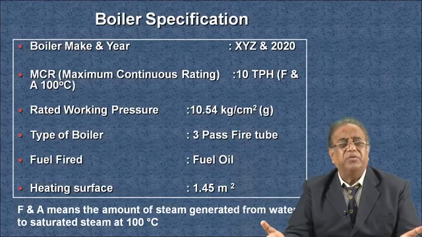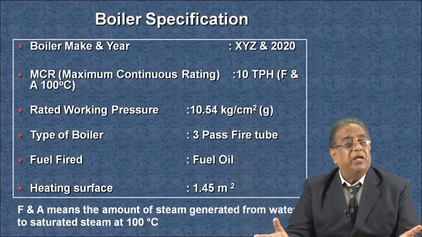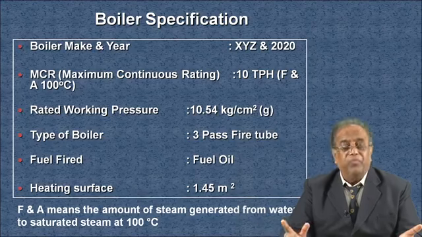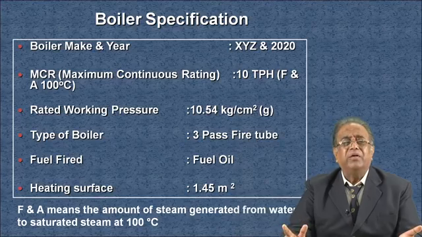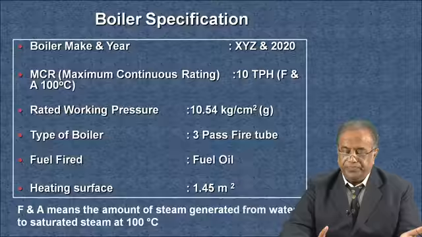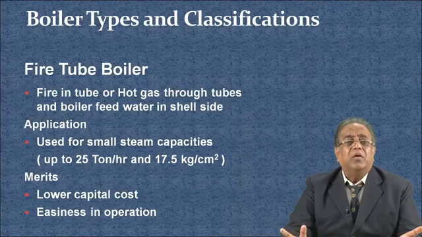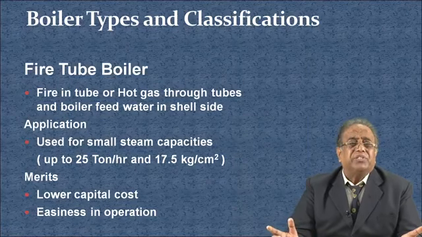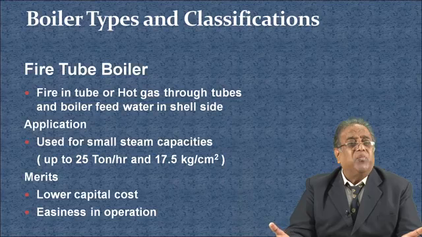Fuel fired is fuel oil, and heating surface, for a particular case, we have taken as 1.45 meter square. Now, boiler type and classification. There may be a fire tube boiler.